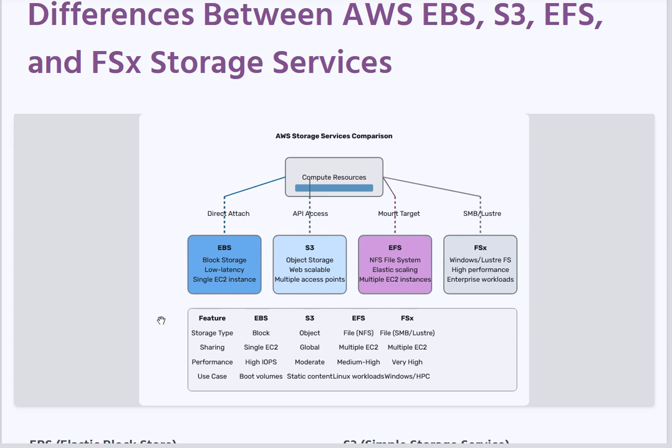So EBS is a block volume, as we spoke, shared only for EC2 in a single availability zone, the one data center where the computer resides, with high IOPS. What is IOPS? IOPS is input output operations per second, meaning how many input and output operations per second.